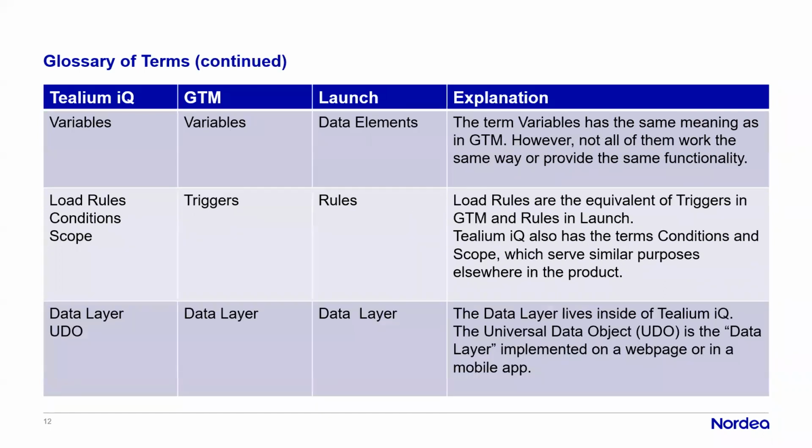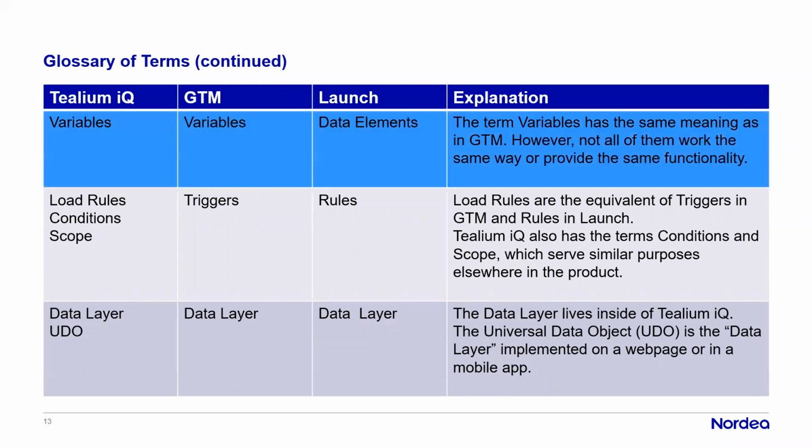So going on, and this is the last glossary page I have here. Variables, the same as variables in Google Tag Manager, and the same as data elements in Launch, more or less. So these are the variables of data you work with inside of the TMS, path, event values, whatever.